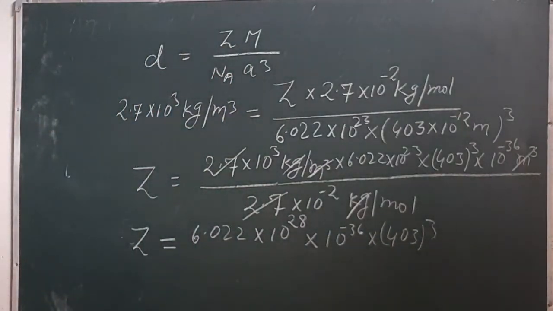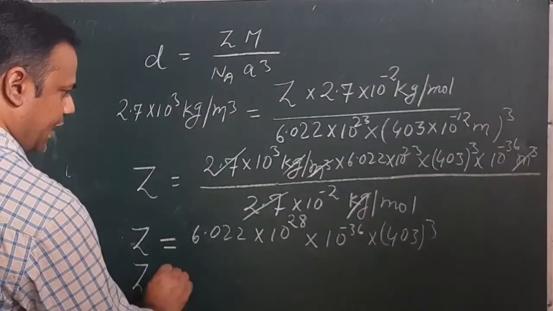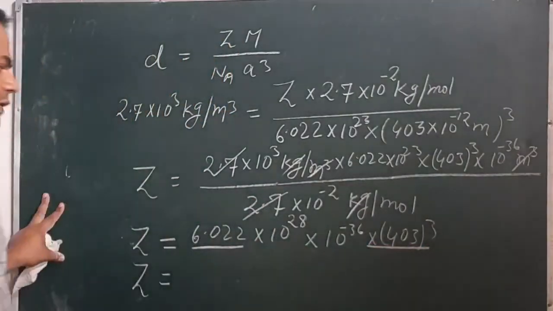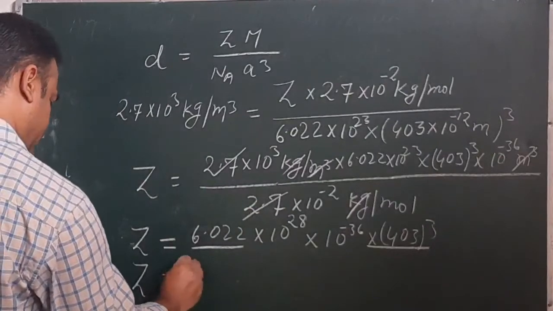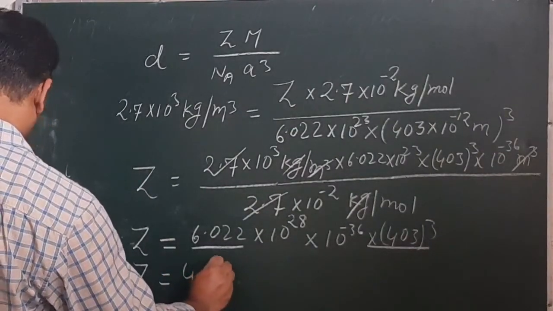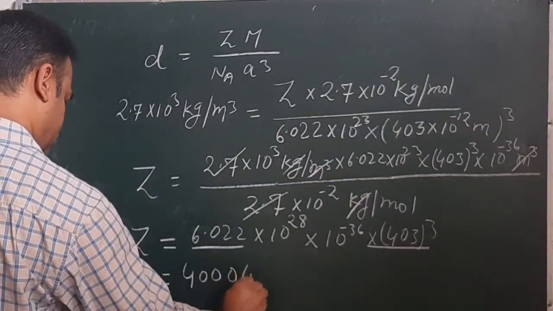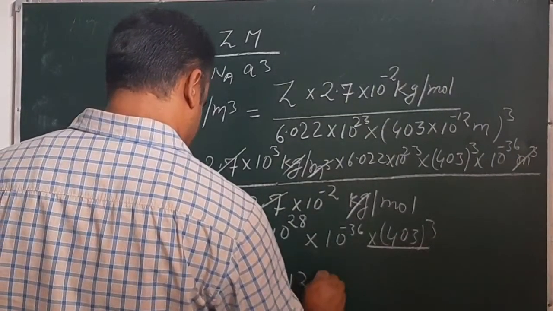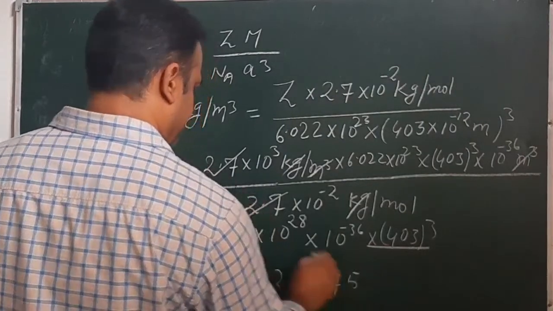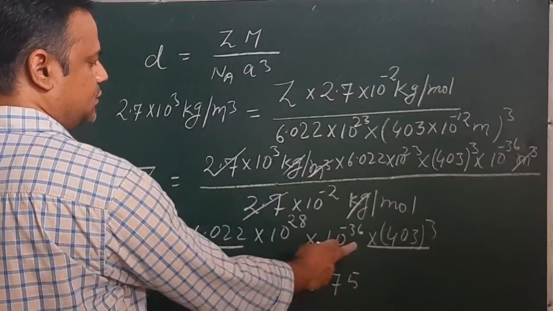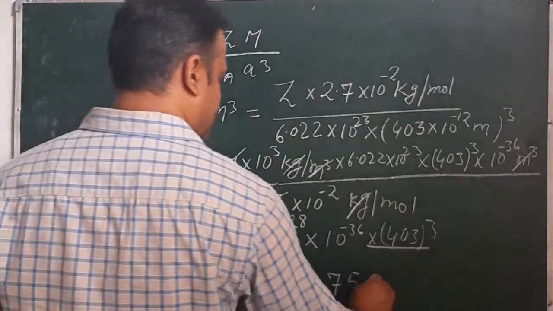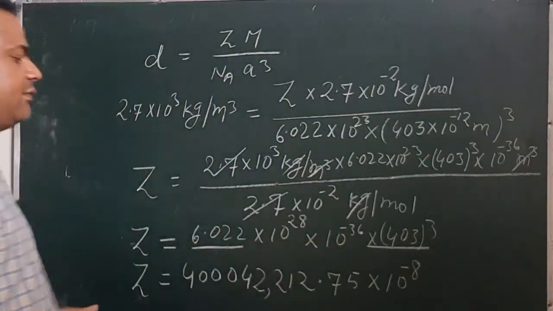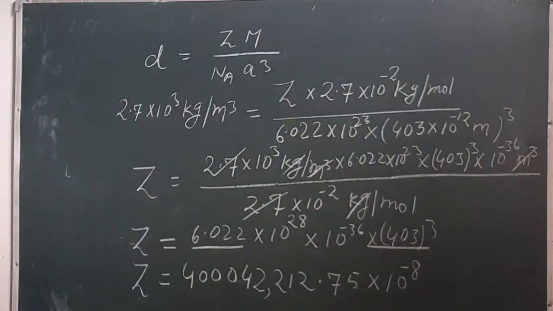So if we calculate this value and this value, then we will get the value 400,042,102.75, and here 10 to the power minus 36 plus 28 will be 10 to the power minus 8.